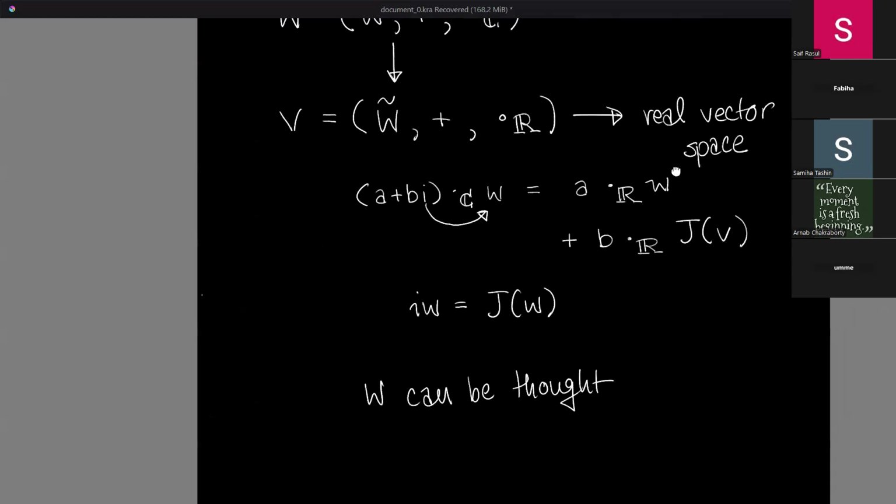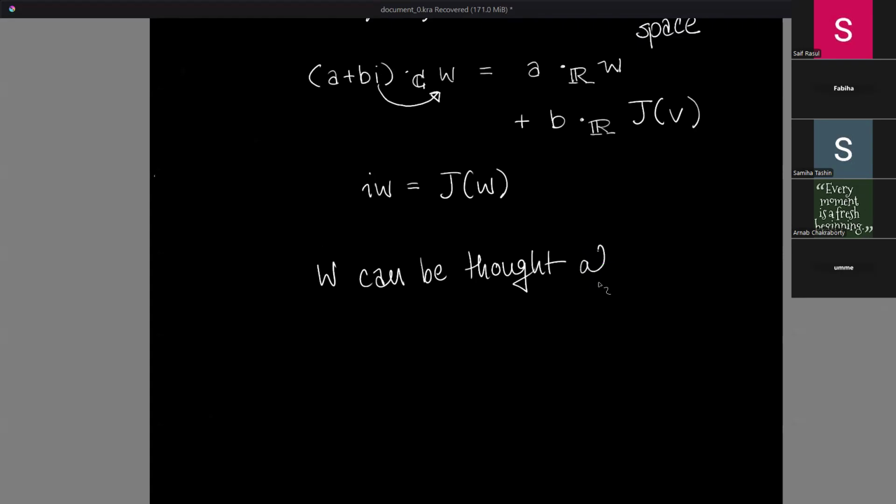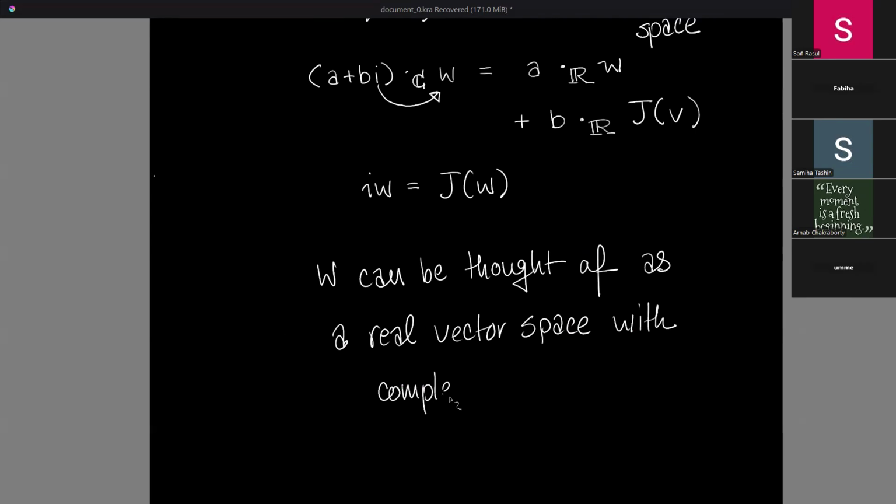That's the idea. So W can be thought of as a real vector space with complex structure J.